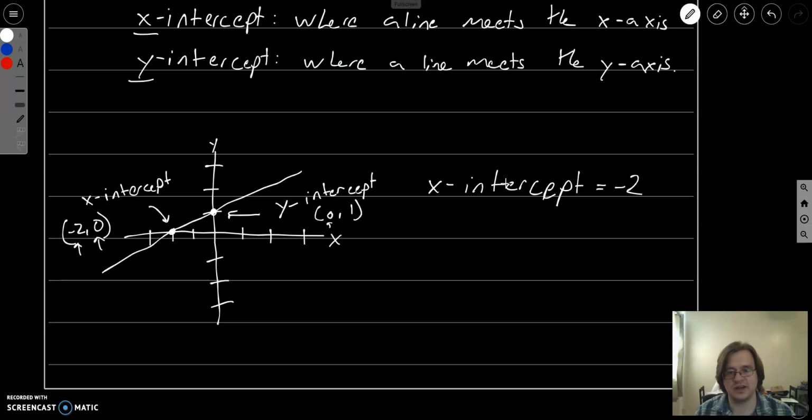We know that the first coordinate here has to be 0 because we can't be any to the left or to the right. We have to be exactly on top of the y-axis. The question then becomes, where along the y-axis did we hit? Well, at 1 up. So here, the y-intercept is going to be 1. So if you're asked what is the y-intercept or what is the x-intercept, they're looking for a single number, knowing that it's actually a pair of numbers, but we're only interested in the one that's not 0.